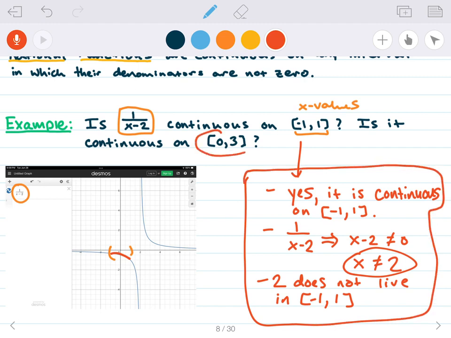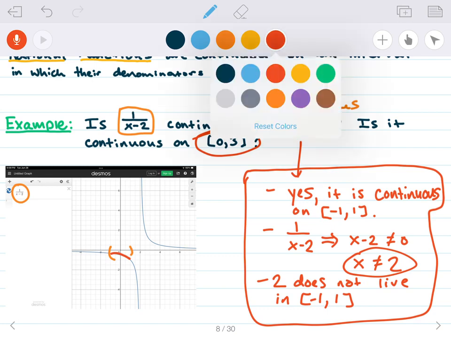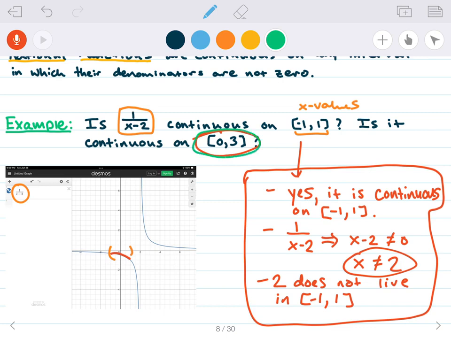But does this interval include 2? Yeah, it does. Maybe I should do this in a different color. How about green? So if we start our little neighborhood at x equals 0, that's right here. And then our neighborhood ends at x equals 3, which is right here. So maybe I'll draw it on my curve like that. And notice that to get from the left-hand curve to the right curve, we have to do a jump.